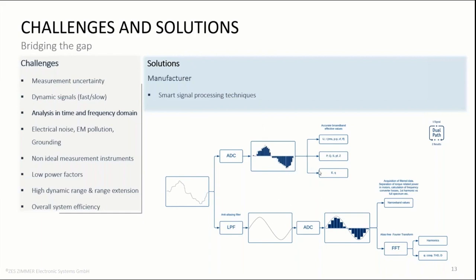So we have a wide path that delivers unfiltered full band measurements of power, while a second narrow band path uses an anti-aliasing filter to ensure good FFT results and allows the user to apply further digital filters to isolate the bandwidth of their signal that they wish to measure separately. This architecture allows the simultaneous measurement of 3 value groups: the wideband values, the filtered values, and the harmonics.